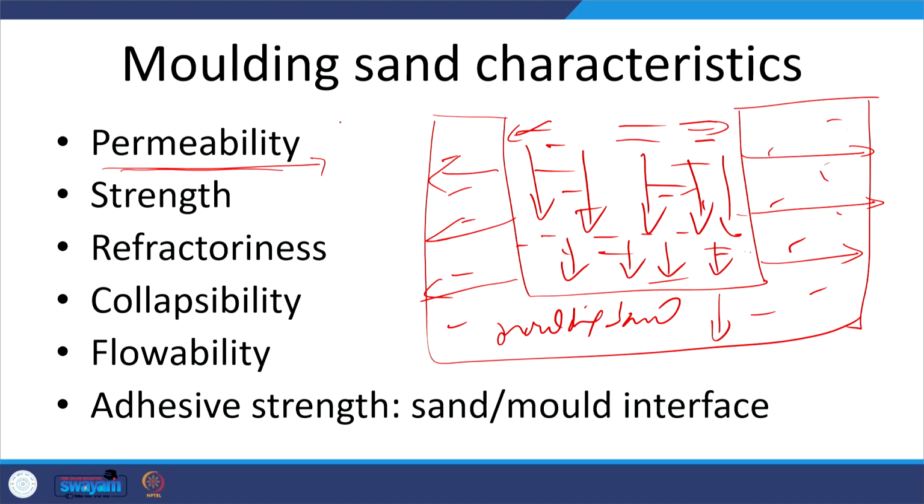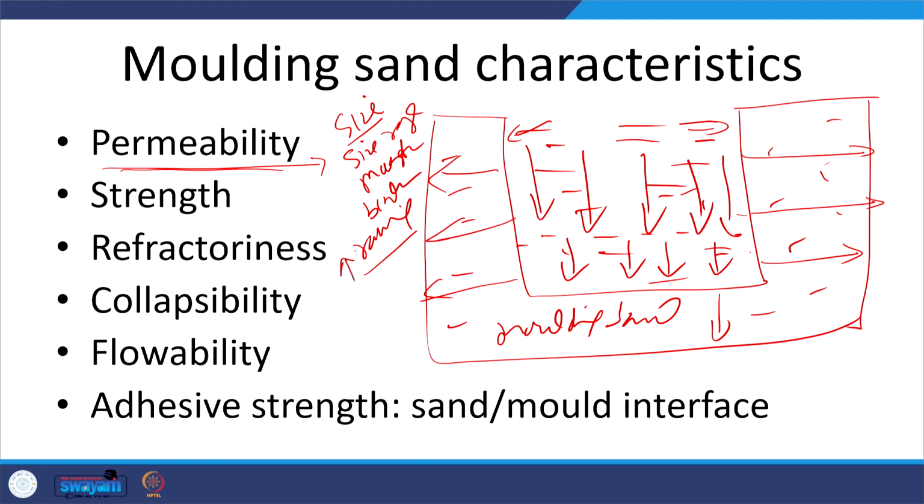Permeability depends upon the size range of the sand particles, then the kind of moisture which has been added, the binder, and the kind of ramming which has been done.